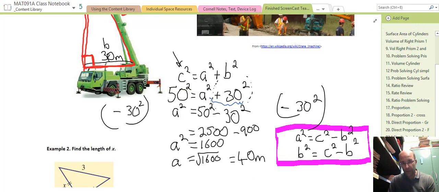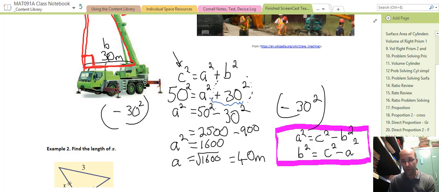In summary, what we have is here in this purple rectangle, for shorter sides, a squared equals c squared minus b squared, or if you're after shorter side b, b squared equals c squared minus a squared. Sorry, that should be a squared. There we go, I fixed that up there.